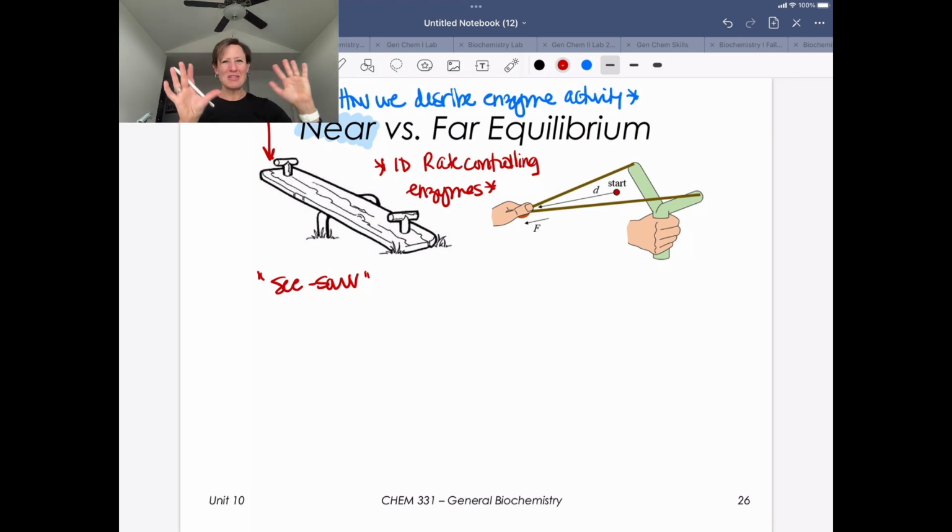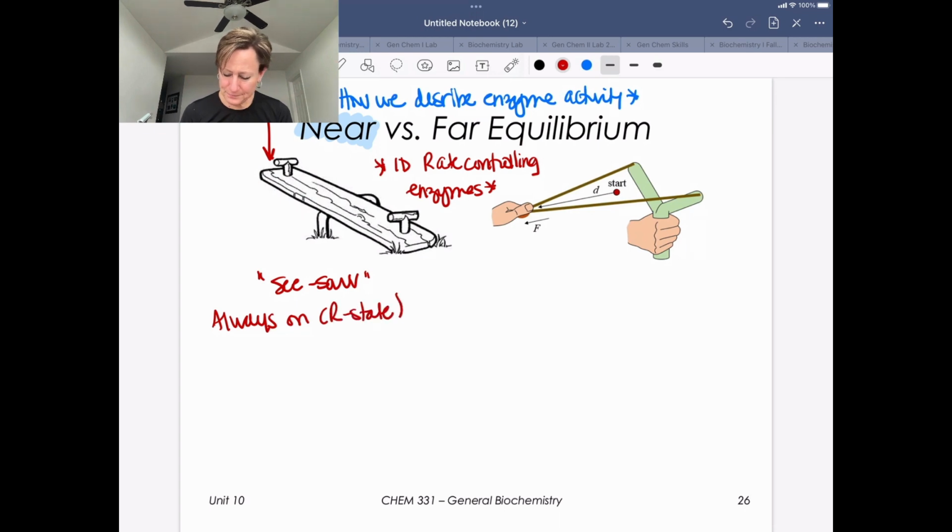Okay, so that being said, let's delve into what it means to be a near equilibrium enzyme. If you are defined as near equilibrium, you're always on. So you are always on, you're always R state. And what this means is that this enzyme is pretty much always close to its set point.